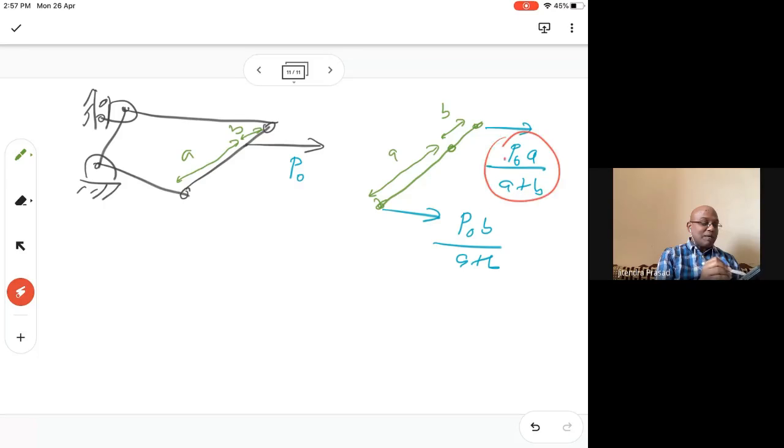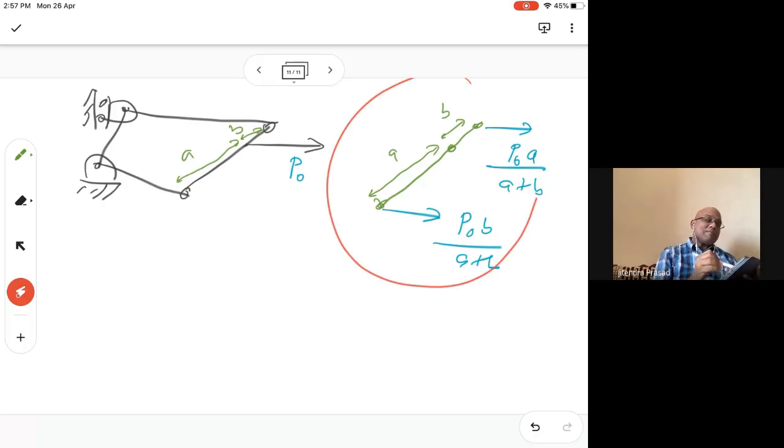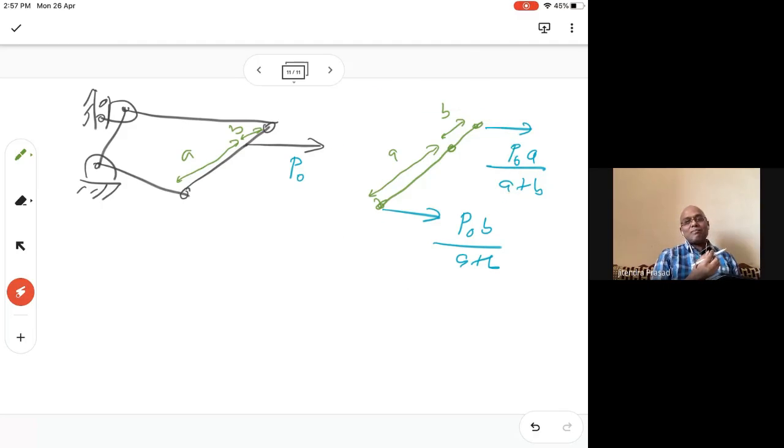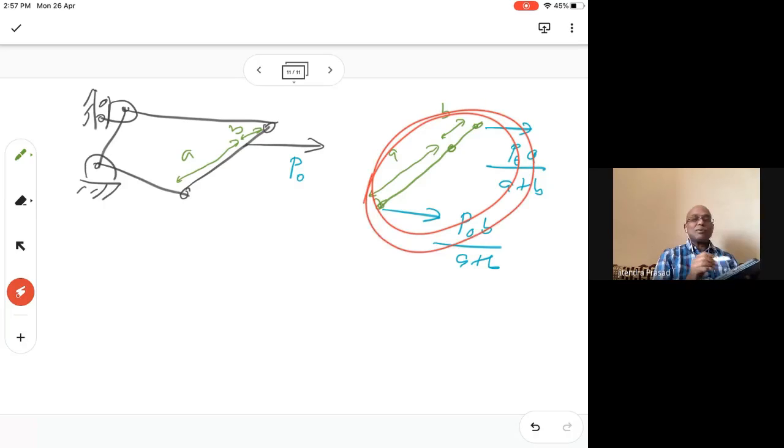This becomes P0 AB, and here it also becomes P0 AB, and hence those will be the same. So if you just apply some basic mechanics, that all the forces have to match and all the moments have to match, that is, be balanced, automatically you can see how the forces are distributed.